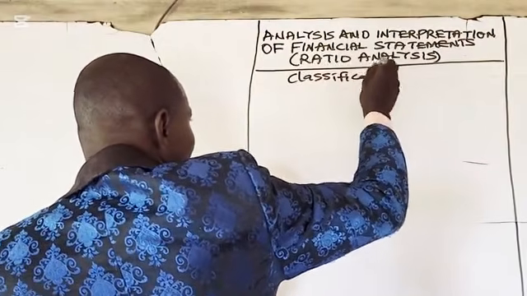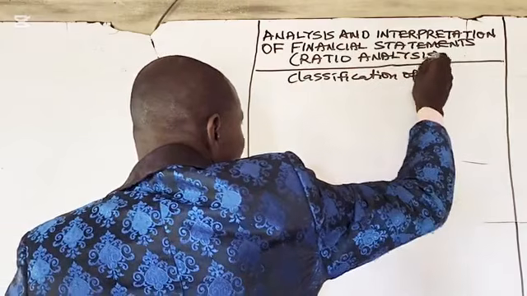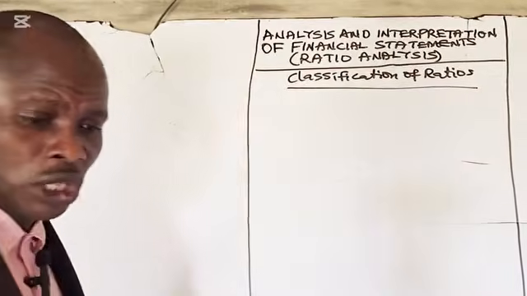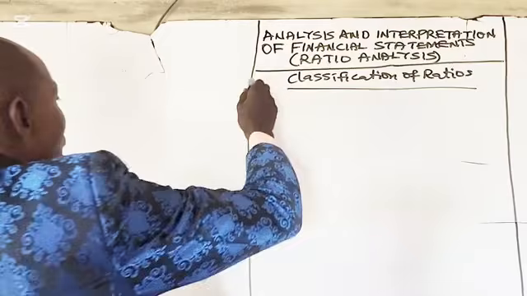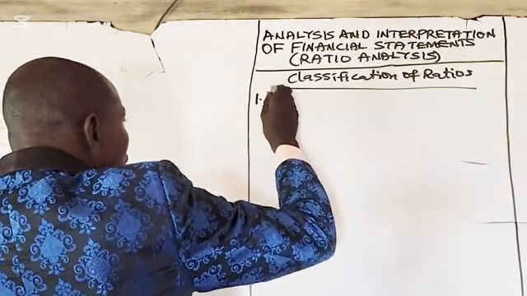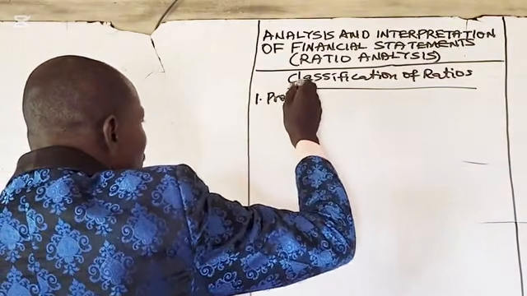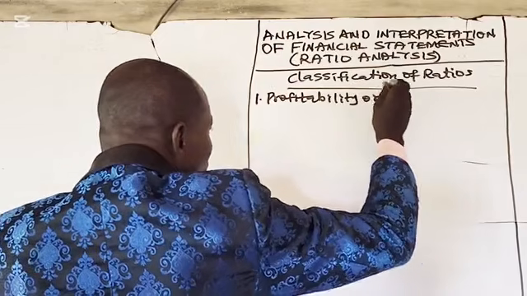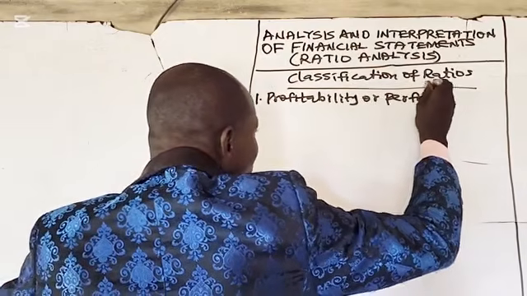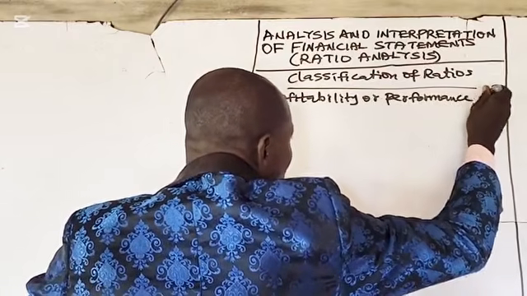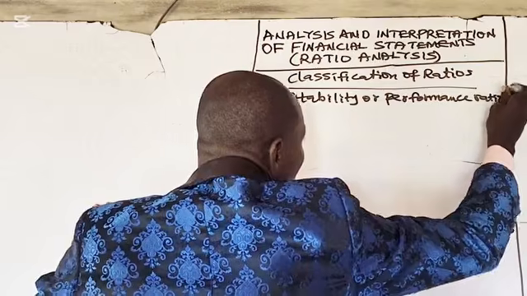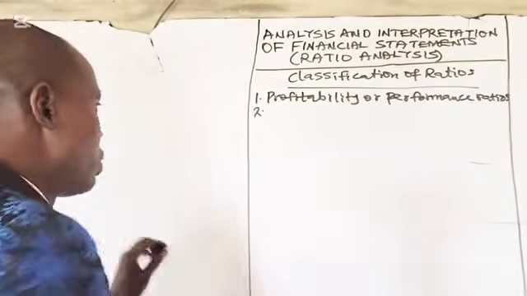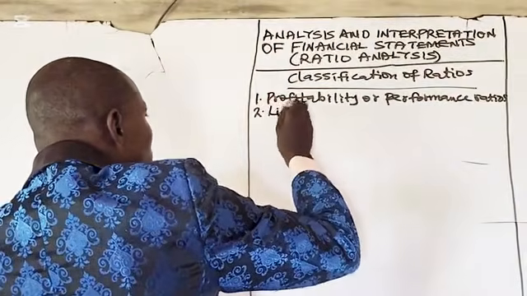Classification of ratios. For our purpose, we shall categorize ratios into 5. Number 1, we have profitability ratios, or performance ratios. Number 2, we have liquidity ratios.